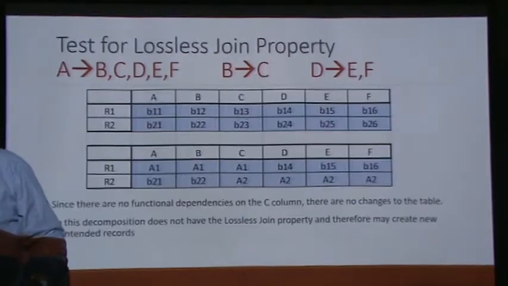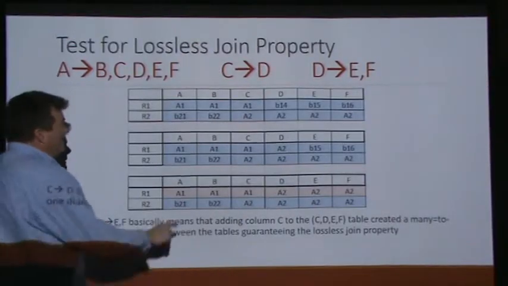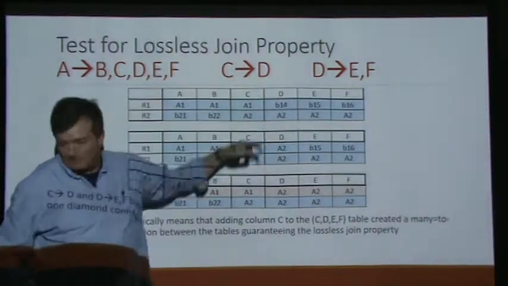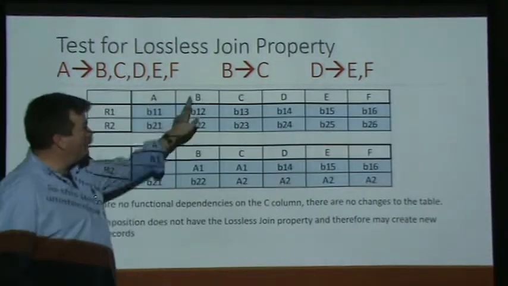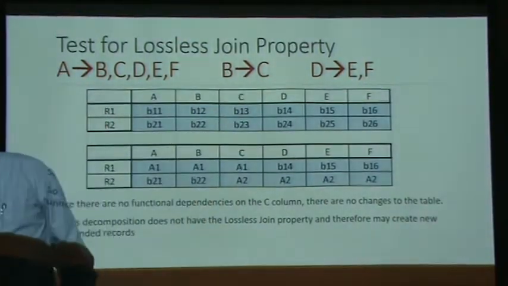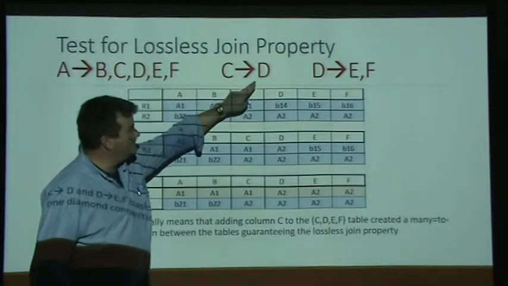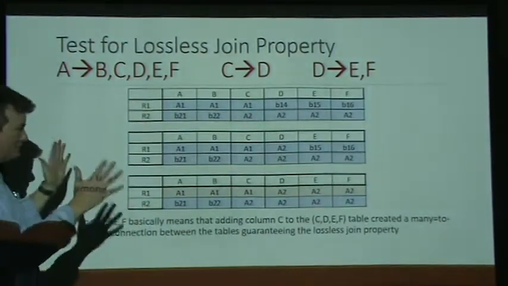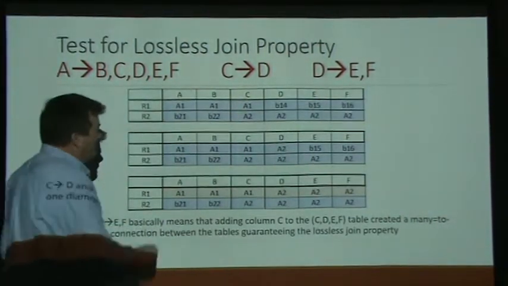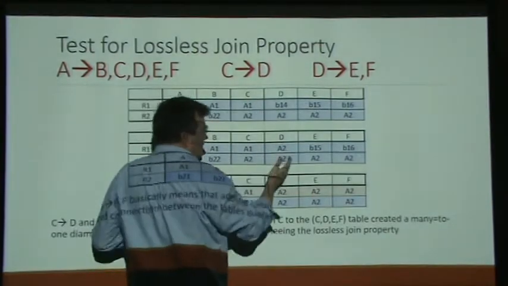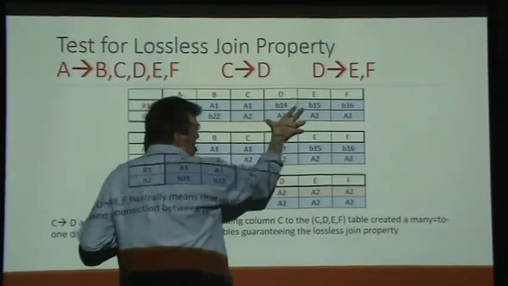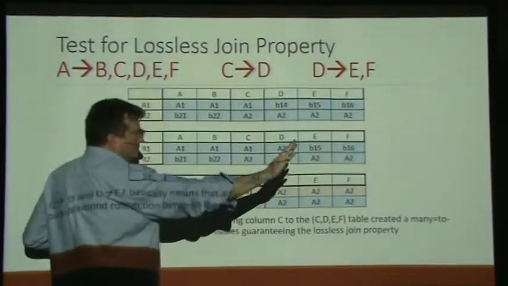So all I did was change this middle constraint. Instead of B gives us C, I'm changing that to C gives us D. And we decide to split the table the same way: A, B, and C is one table, and C, D, E, and F is the second table.